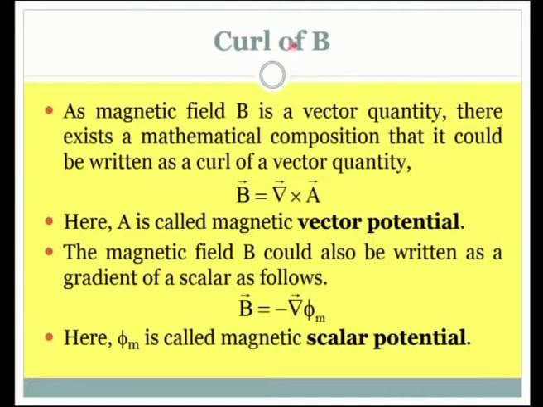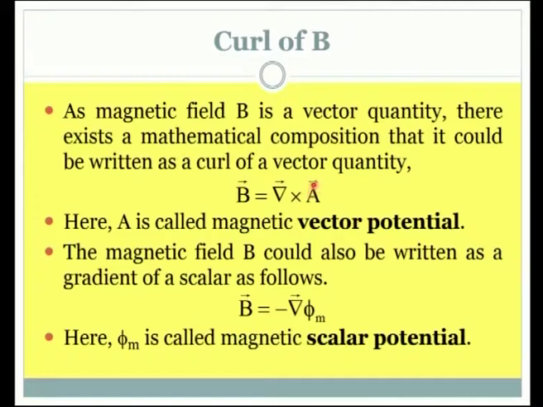The curl of B could also be explained: the magnetic field B is a vector quantity. There exists a mathematical composition that any vector quantity could be written as the curl of another quantity.